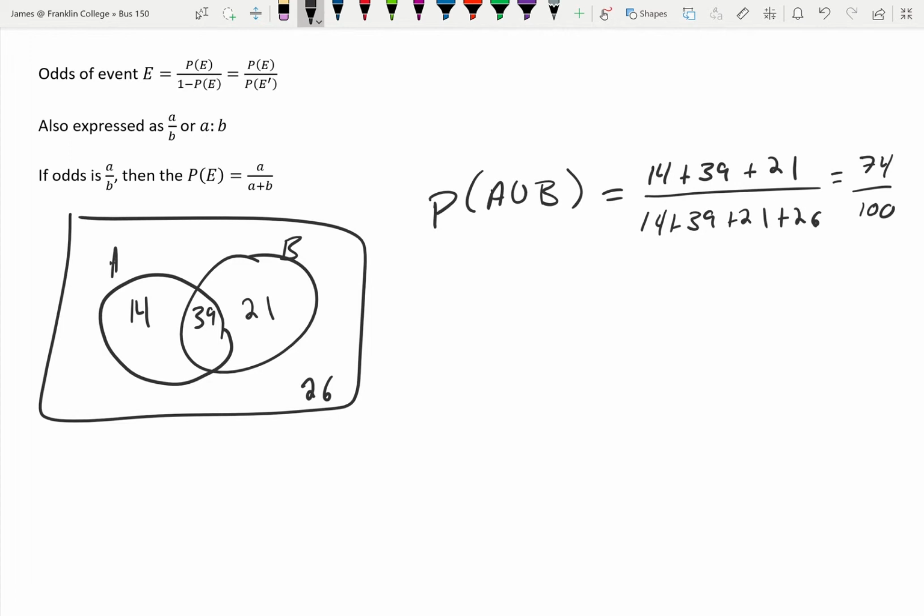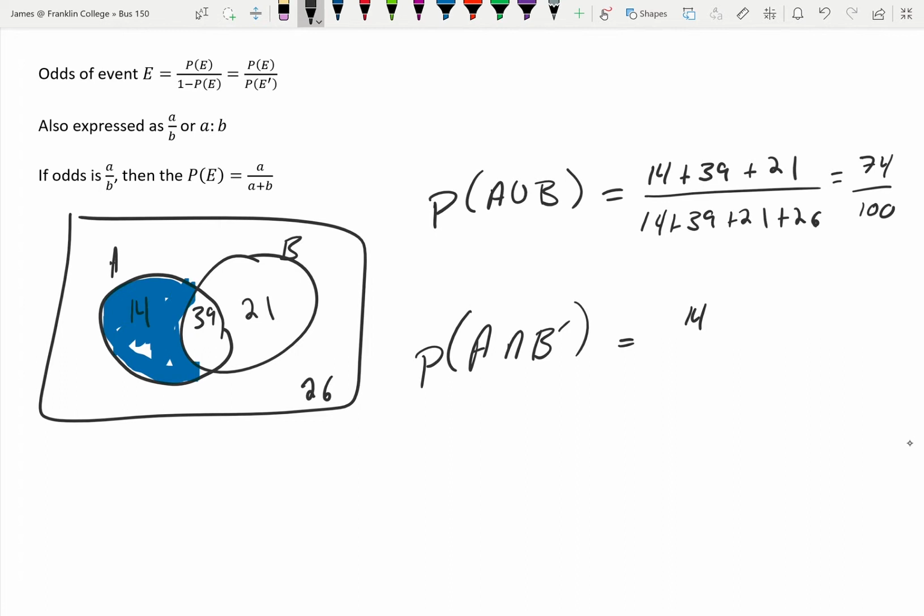Alright, if we were also interested in calculating the probability of A intersect not B, well, first we have to remember that the intersection of A and not B is this crescent part of A, all of A that's not part of B. So that is the area A intersect not B. We have to figure out the number of elements in that section, which we already know is 14.